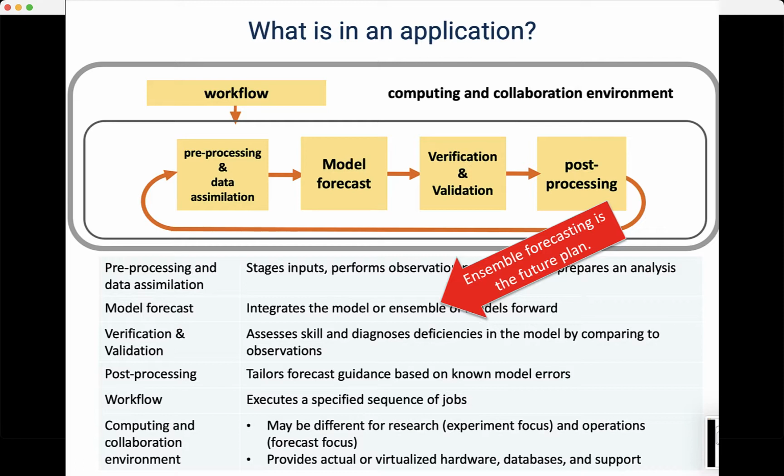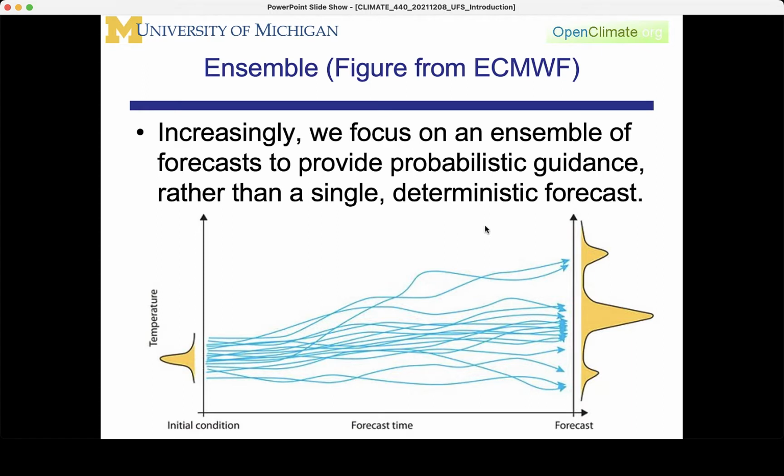I also want to point out that down here on the model forecast, it said that part of it integrates the model or an ensemble of models forward. This idea of ensemble forecasting is true for all of the applications going into the future. And the idea of ensembles is illustrated here because it's a way to explore uncertainty space. And it gives us a probabilistic guidance rather than a single, what has been called deterministic forecast, which is what we're perhaps used to when we say the weather forecast.